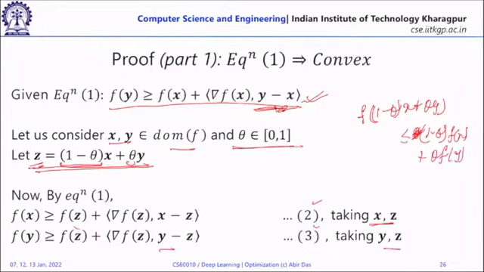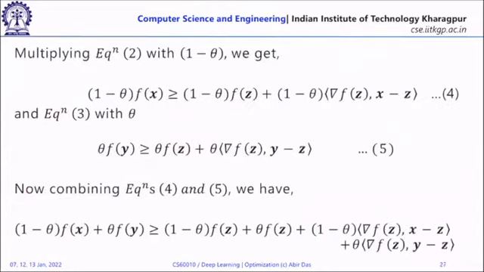So this is what we are trying to reach. We have got f(x) and f(y). Here is f(x) and here is f(y). So what will you do? You will multiply with 1 minus theta and theta respectively, this equation and this equation, right?